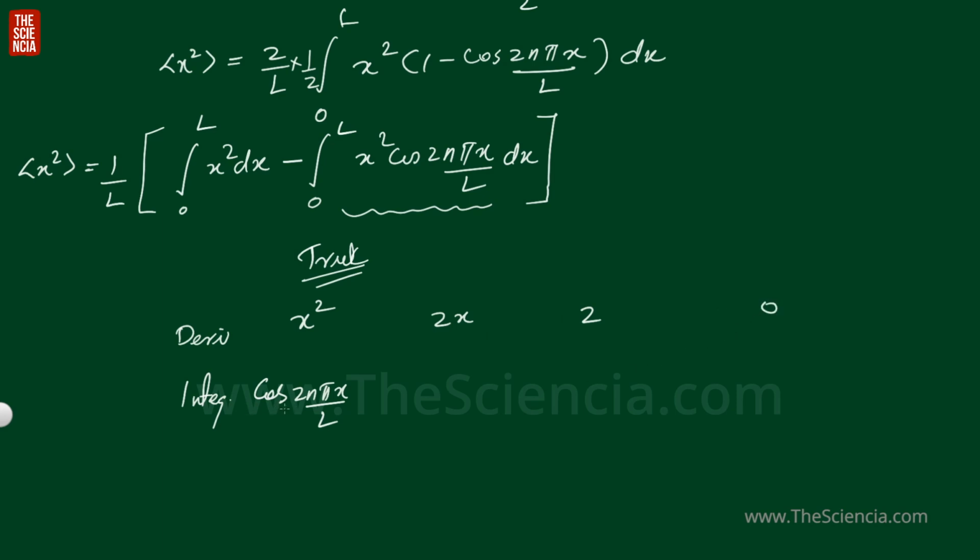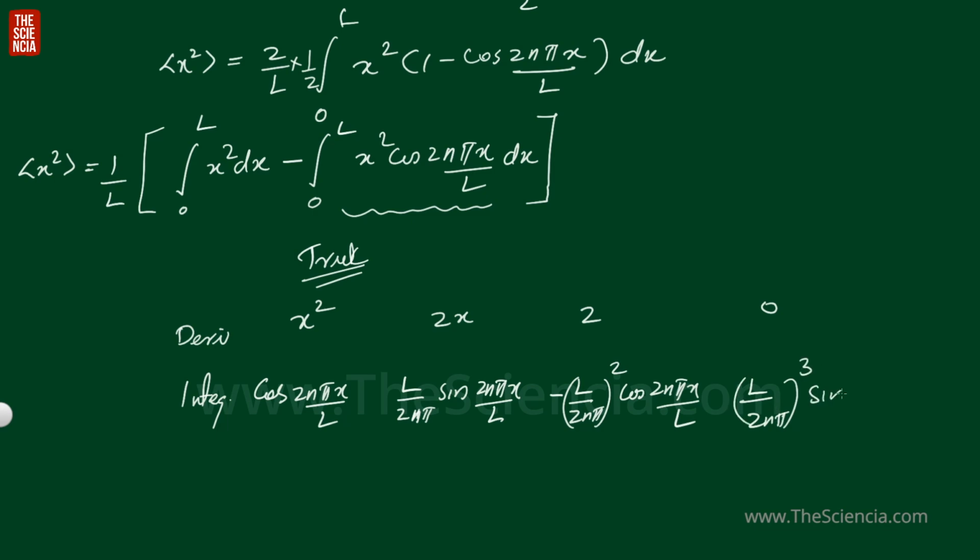And now for this term we have to take integral, that is we get L by 2 n pi into sine 2 n pi x by L, and again take its integral, we get minus L by 2n pi all square cos 2n pi x by L, and again take its integral, we get L by 2n pi all cube sin 2n pi x by L. Now we have to multiply these terms.